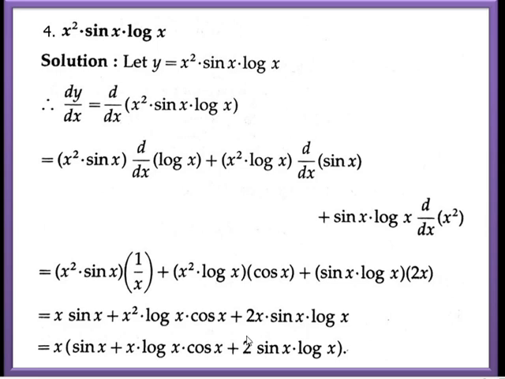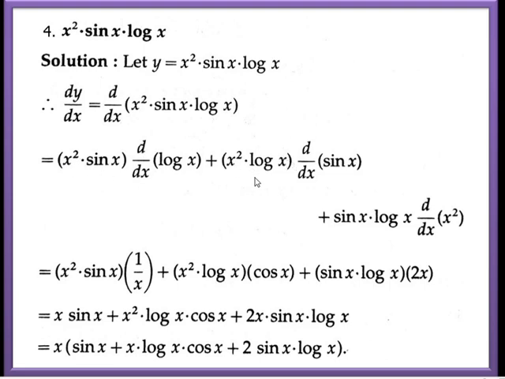So on simplification you get this. In fact they have used this result. y is uvw. Okay, they have used that corollary. If y is uvw, then what is dy/dx? It is uv into d/dx of w and so on.